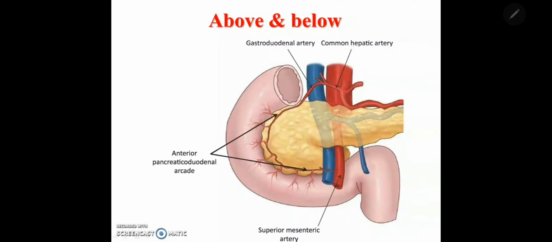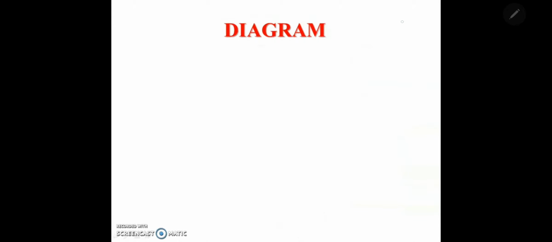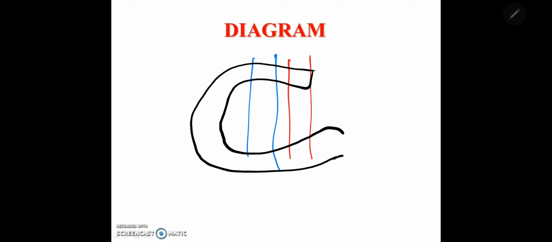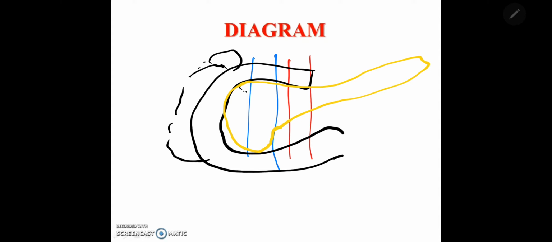So these are the relations of the third part, and if you try to understand here the anatomy of the duodenum, first let us draw the abdominal vessels, abdominal aorta and inferior vena cava, and here you have the duodenum, first part, second part, third part and fourth part, and here you have the kidney, right suprarenal gland, and within the concavity you have the pancreas with the head, neck.